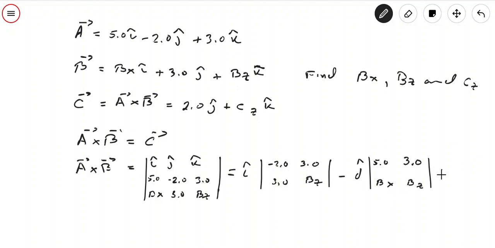Plus k, and then we are taking these four values of 5.0, negative 2.0, Bx, and 3.0.